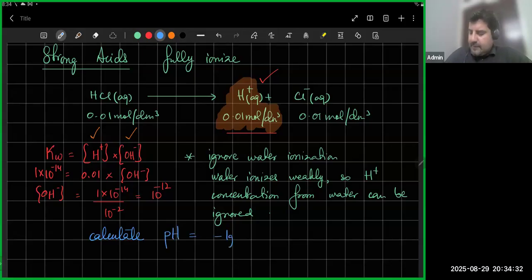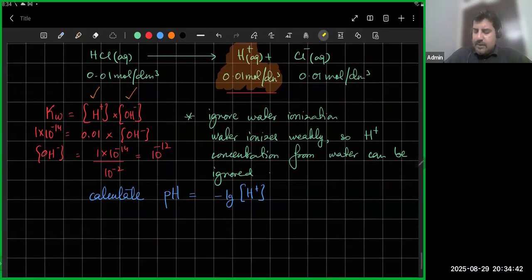It was minus log of the concentration of H+ ions. And we do know what the H+ concentration is, that's 0.01, and there's a very tiny amount coming from water as well.